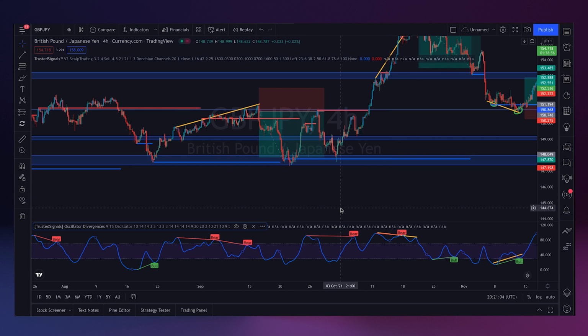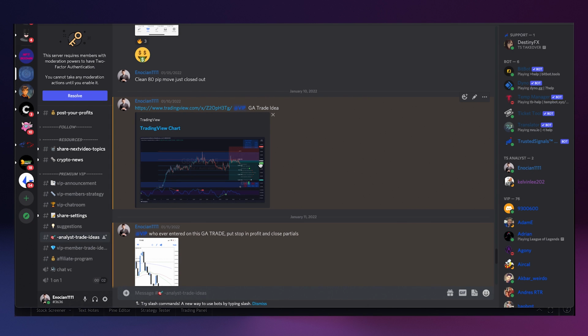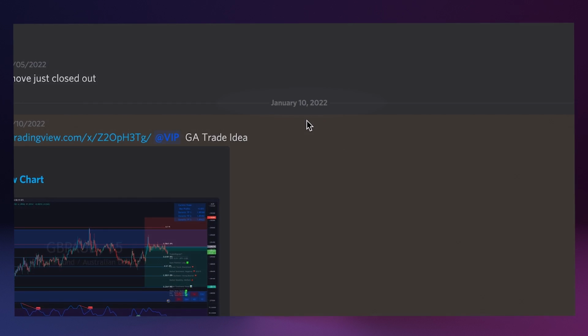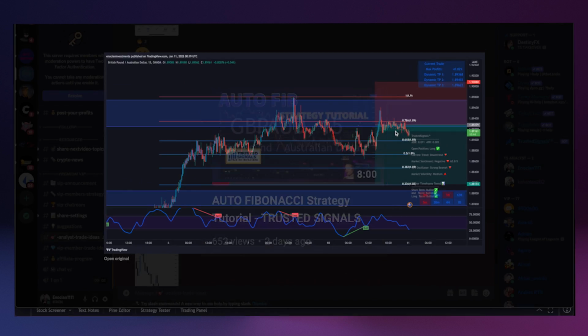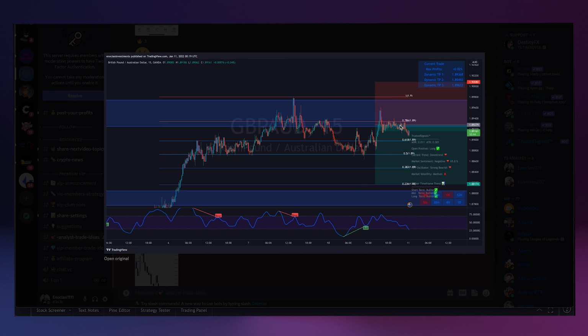So what I love to do at Trusted Signals is provide as much information around our indicators to help the trading community make money using Trusted Signals, at the same time sharing my trade ideas like this one that was shared on January 10th. Right after I posted the Fibonacci video, I saw that there was a perfect setup happening on GA, which I broke down step by step how to use the auto fib, and I told everyone to go in short on GA.